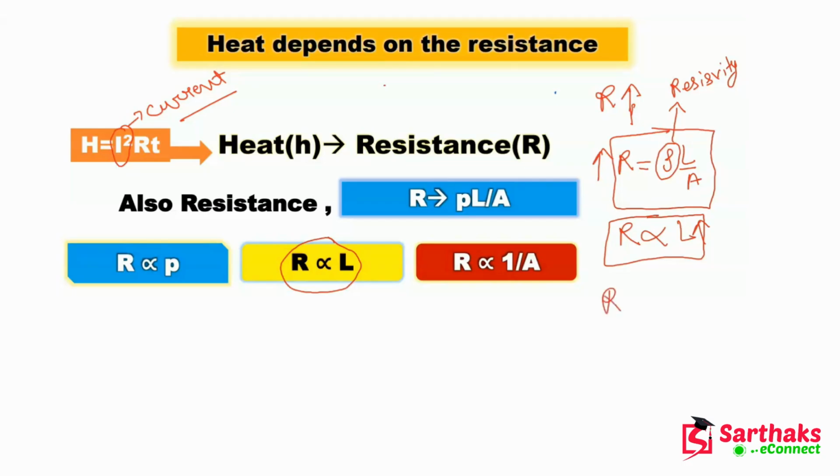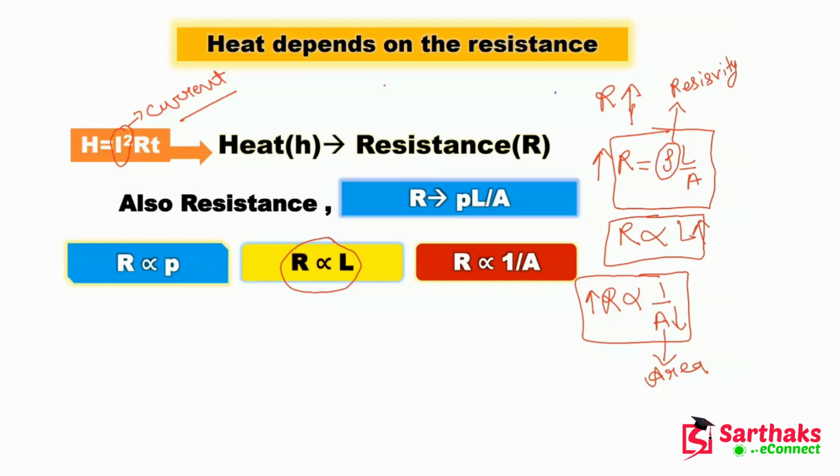Another thing is we also know that resistance is inversely proportional to the area. So if I decrease the area, then resistance will increase, and if I increase the area, then our resistance will decrease. I need high resistance here, so I will simply decrease this area, and because of the decrease in area, resistance will increase.